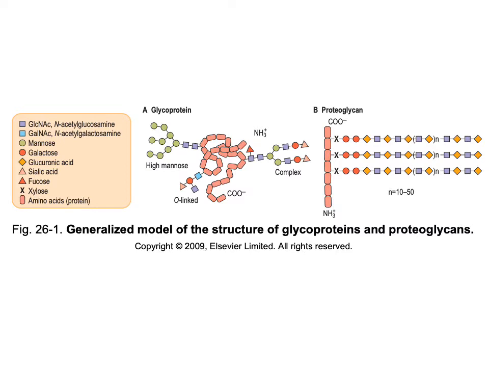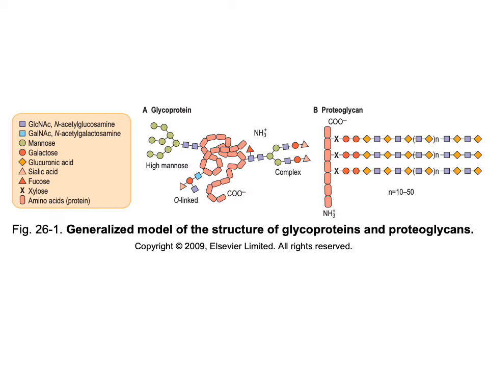So let's go back to the schematic diagram now that we've talked about these, and again we see in the middle the schematic of a glycoprotein. That's a protein. I'll show you an example in a little bit of a cell surface receptor.